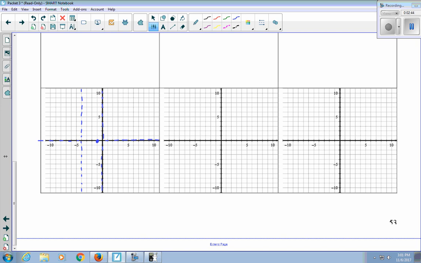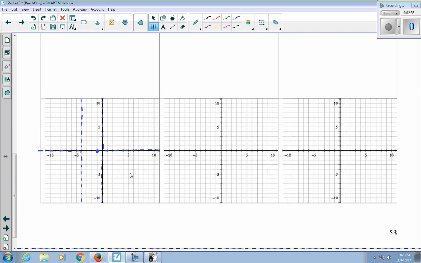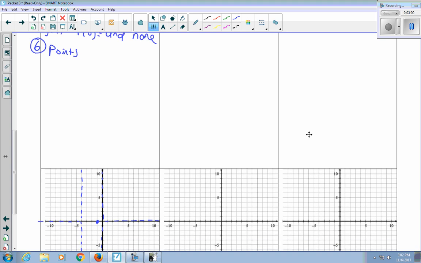And then I need some points. I need something in each region. So I need something to the left of this vertical asymptote. I need something over here. I need an x value between the asymptote and the x-intercept, between the x-intercept and the next asymptote, and then something in this big region over here. So let's see, points. I'm going to do x, y, and I want something to the left of -4, maybe -5.